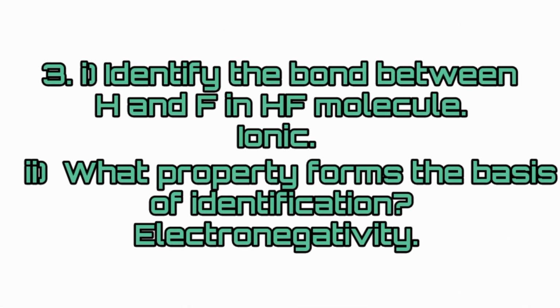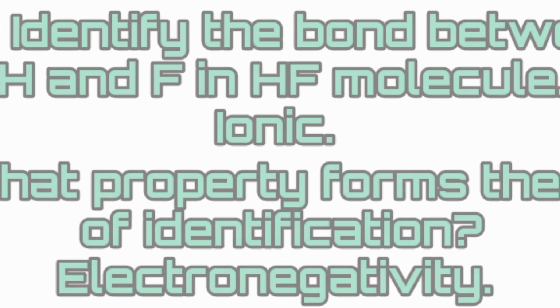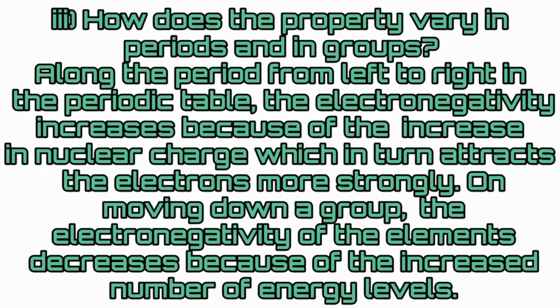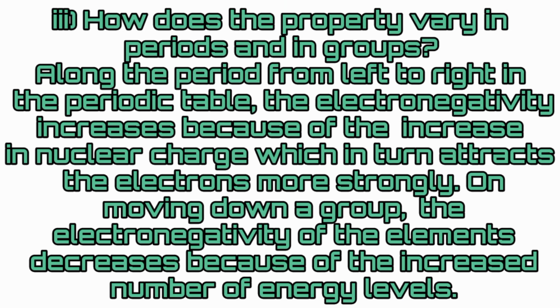Third question. Identify the bond between H and F in the HF molecule. Answer, ionic bond. A, what property forms the basis of identification? Answer, electronegativity. Third one, how does the property vary in periods and in groups?